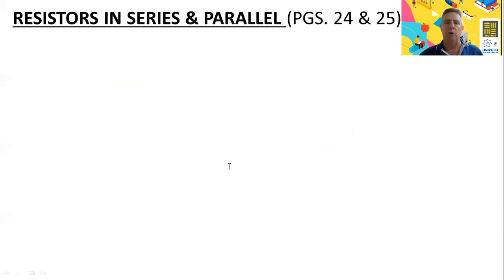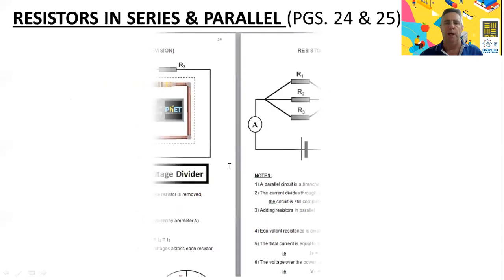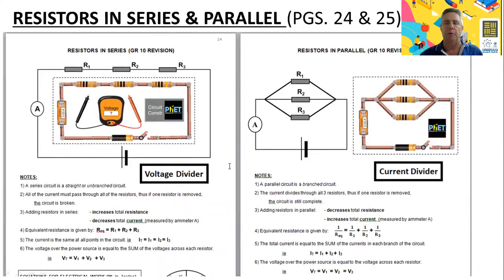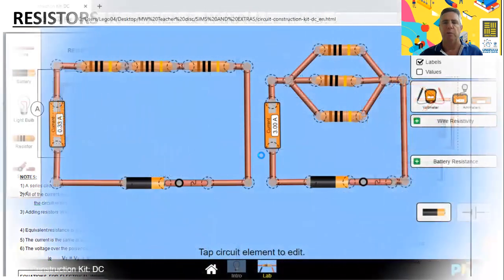Now, what's going to work best for you is if you open up your books wide, don't fold them over, so that pages 24 and 25 are next to each other, because it really helps to compare the notes for series and parallel circuits. And in most cases, you will find that they are exact opposites, and those contrasts should help you to remember them. So you keep your booklets open, and I'm going to go to the PHET simulation.